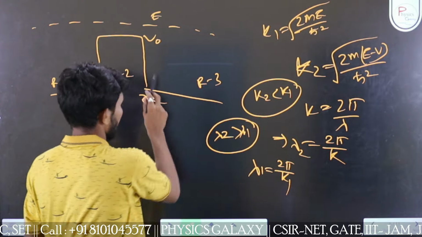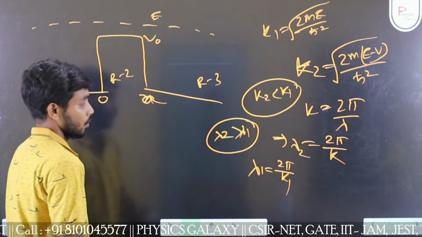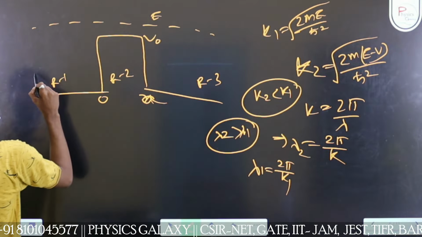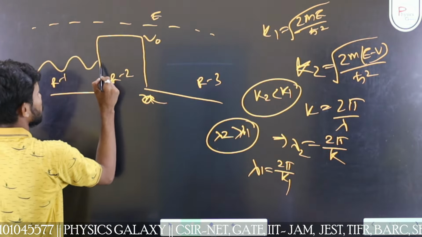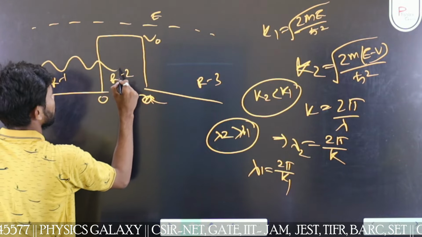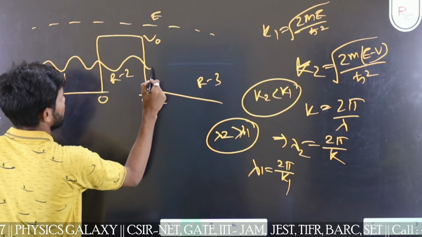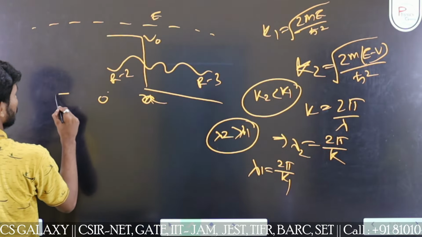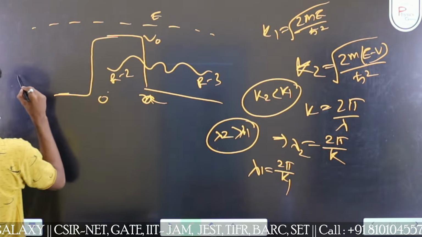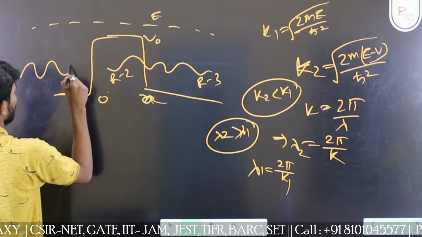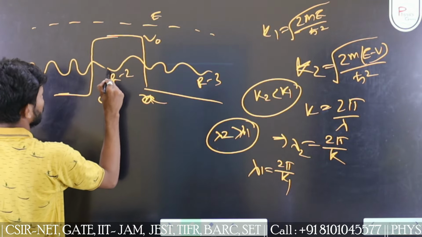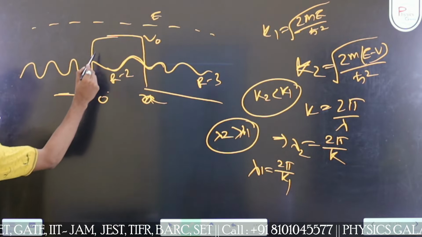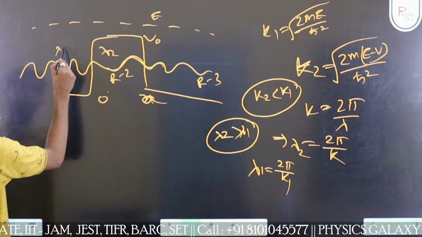Wavelength in the second region will be larger than in the first region. In the first region it will be like that, then again in the second region it will be this, and it will be larger. This is lambda 2, this is lambda 1.